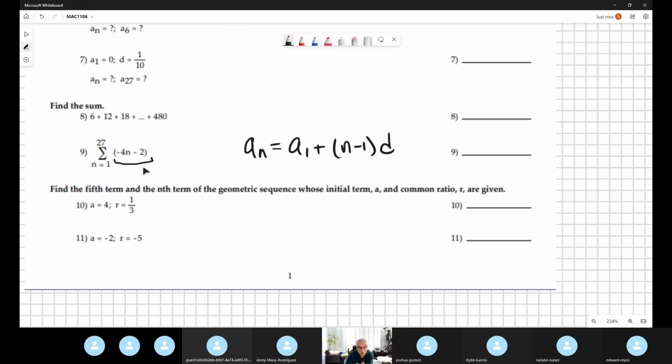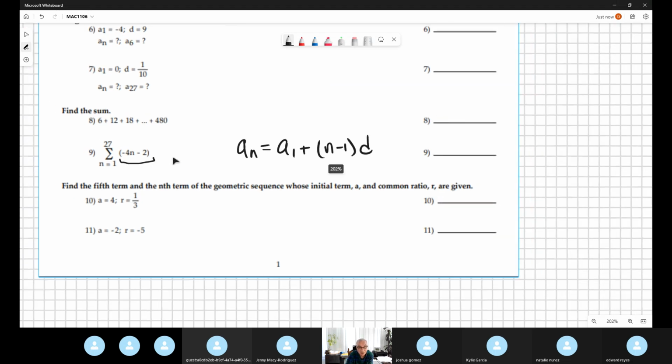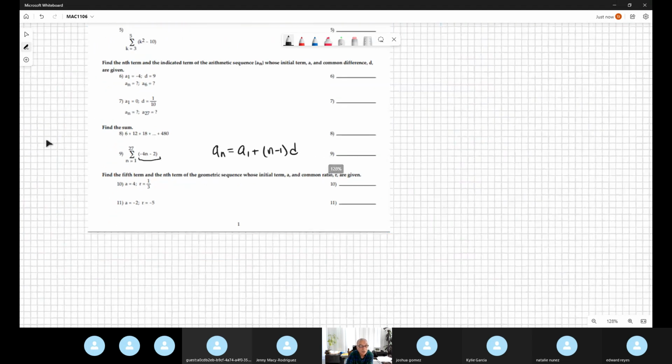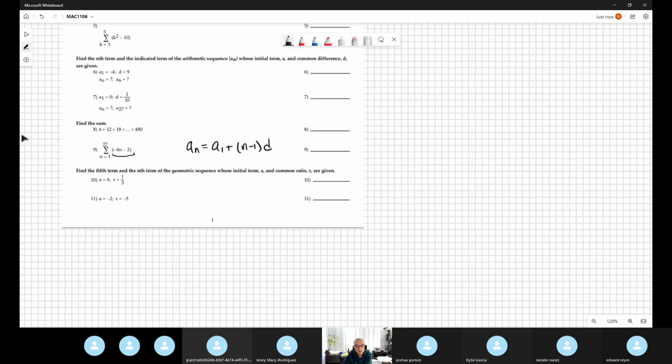I want to solve it by summation and the properties, and if you have time and want, verify by the arithmetic sequence.